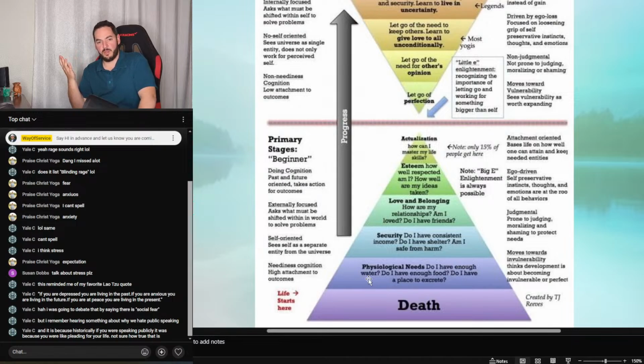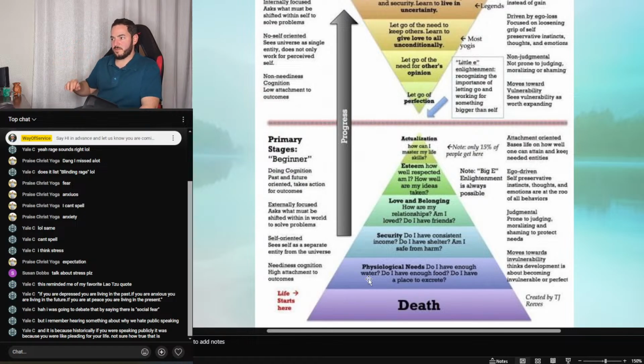If you have no clothing or shelter, you might die if you don't seek good shelter. So shelter is second after air, and then the third one is water, because you will die within 3 days without water. And then the next one is food. You'll die within 3 weeks without food, depending on how much fat stores you have and whatever. So that's the lowest level.